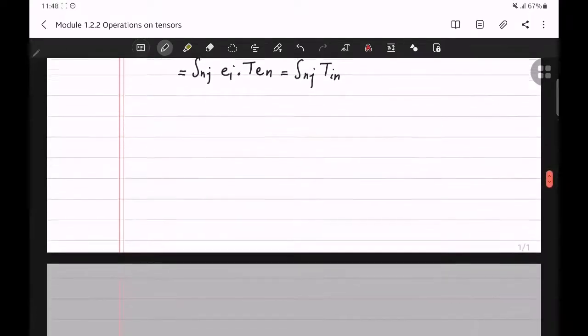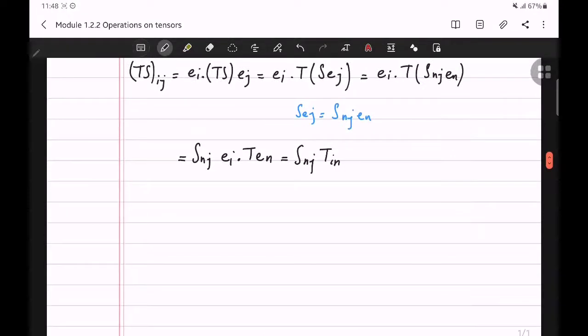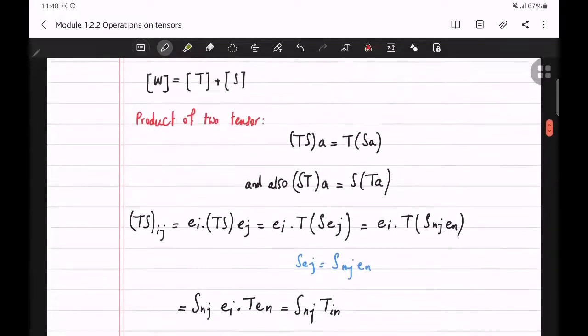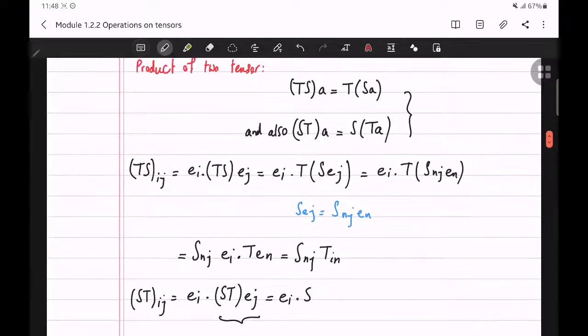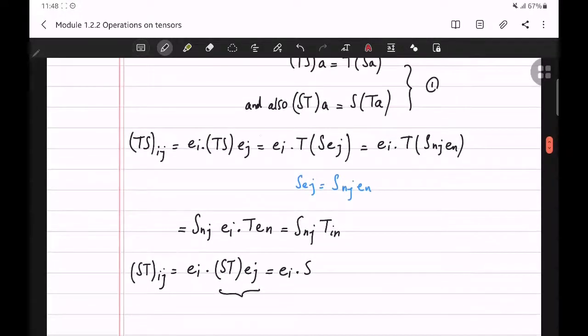We can also define in the same fashion (ST)ij is equal to ei dot ST ej, which is equal to ei dot S(T ej), based on the definition from 1.